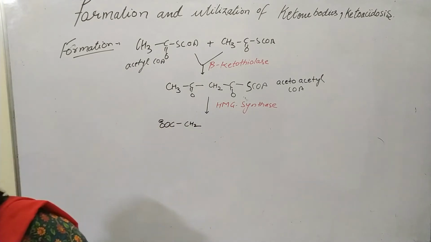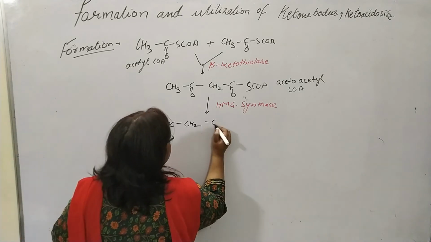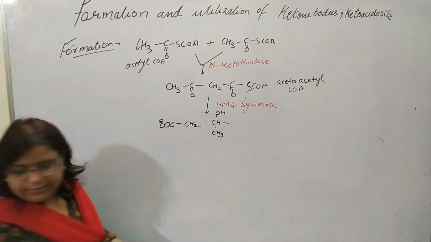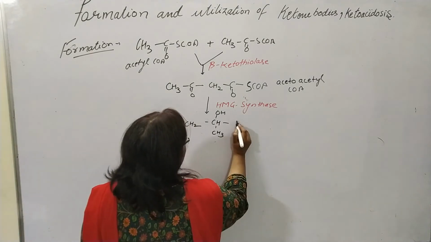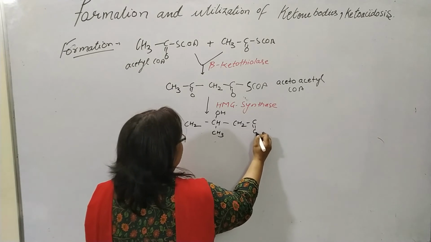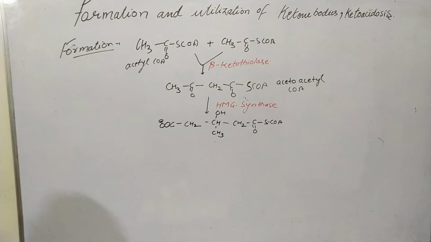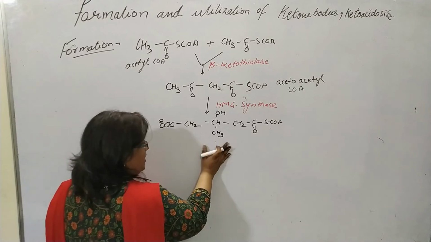CH2, CHOH, CH3, and then C double bond O, CH2, C double bond O, S coenzyme A. So this is the HMG coenzyme A.